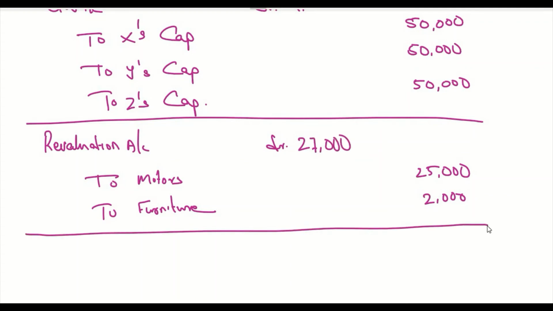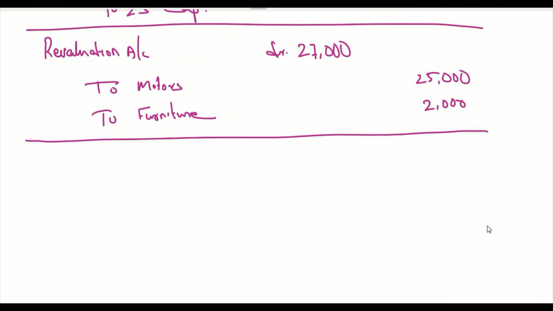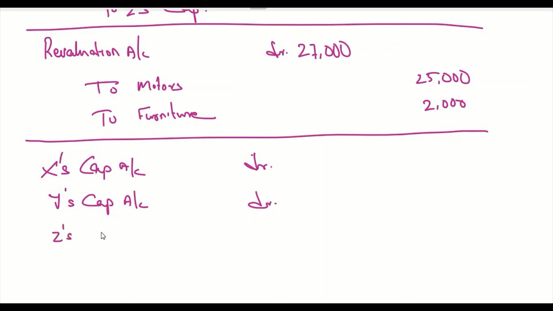Now any balance in the revaluation account has to be transferred to the partners' capital accounts. So here revaluation has a debit balance. So X's capital account debit, Y's capital account debit, Z's capital account debit to revaluation account.